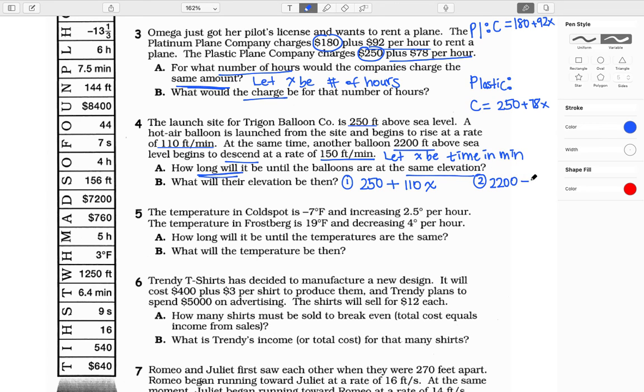So it's going to be minus 150x. And in order to solve for x, we need to equate it because they are at the same elevation. So you can solve by doing 250 plus 110x equals 2200 minus 150x. And you will solve for how long it takes.